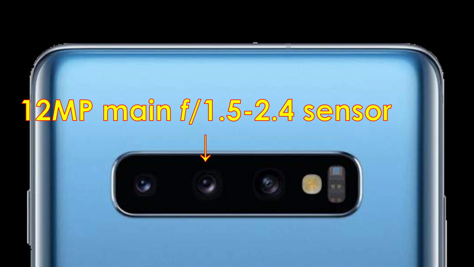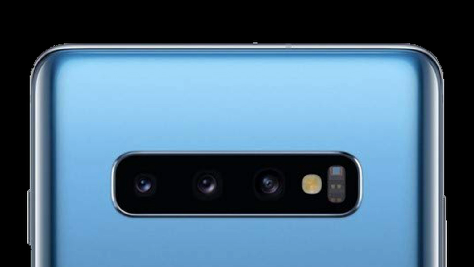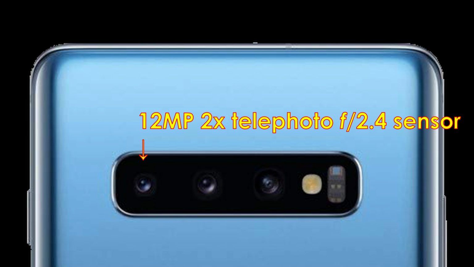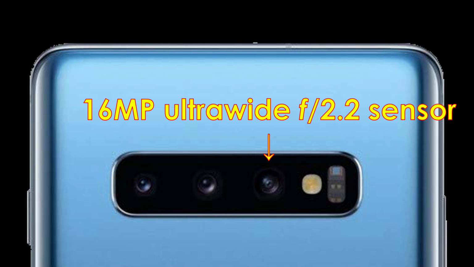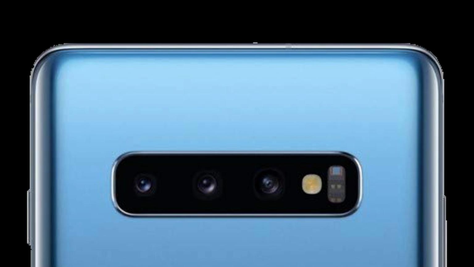And doing this allows it to adapt to different lighting conditions for optimal photo quality. The other 2 sensors are a 12 megapixel 2x telephoto lens with an f2.4 aperture, as well as a 16 megapixel ultra wide with an f2.2 aperture.